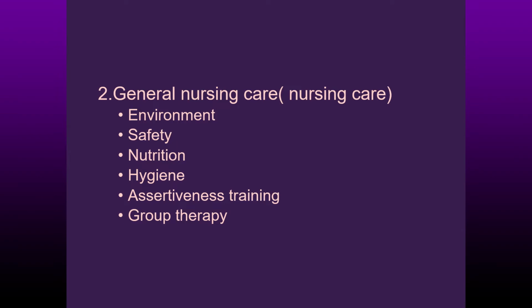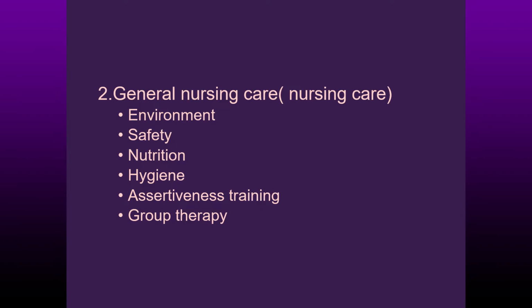Under nutrition, also talk about your nursing interventions for this patient. You want to maintain an adequate nutritional status, so you have to talk about the nursing interventions that you're going to carry out in order to meet a balanced nutritional status for this patient. Hygiene is also the same. This is not a complete list of what you can talk about under general nursing care.